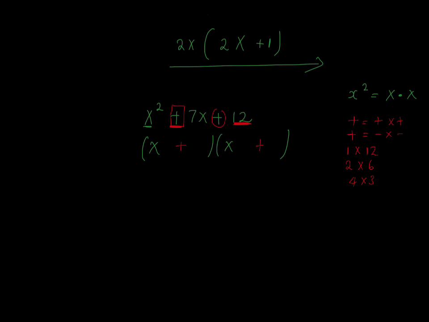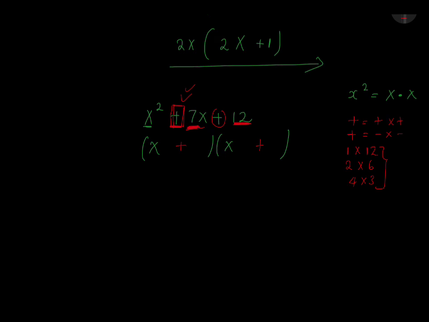Because we have a positive here, we're gonna add these numbers and check if they give us 7, which is the middle coefficient of this middle term.